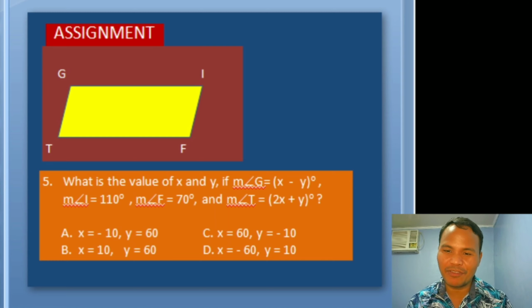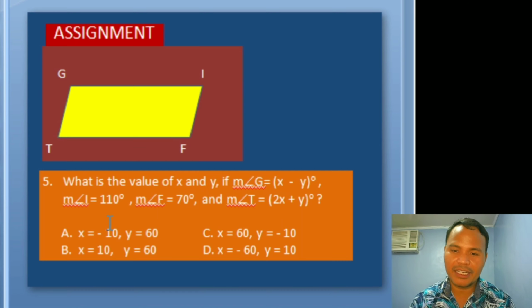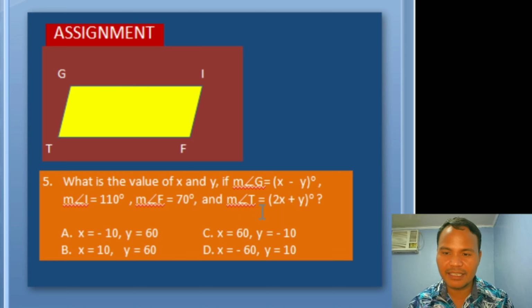Okay, for number 5, what are the values of X and Y if the measure of angle G is equal to the quantity X minus Y degrees, the measure of angle I is equal to 110 degrees, the measure of angle F is equal to 70 degrees, and the measure of angle T is equal to the quantity 2X plus Y degrees?